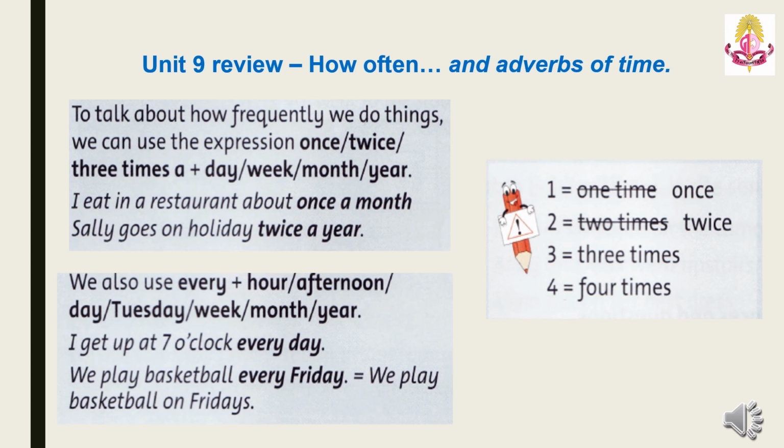So, I ask the question, how often do you eat in a restaurant? And the reply is, I eat in a restaurant about once a month. How often does Sally go on holiday? Sally goes on holiday twice a year.